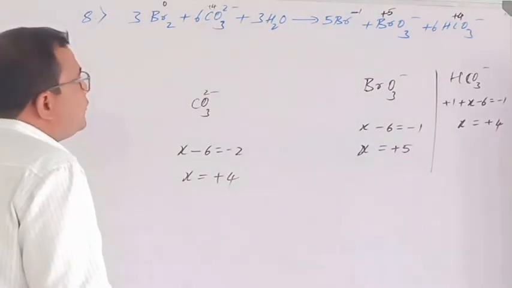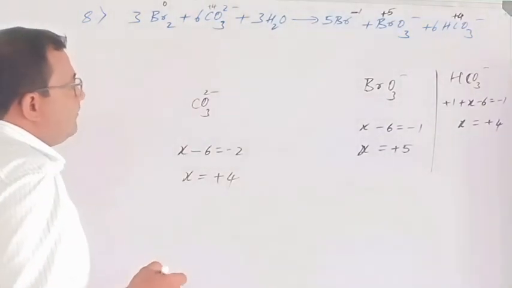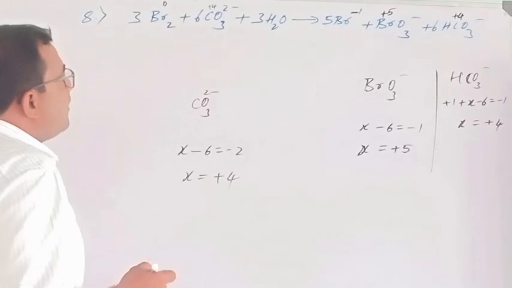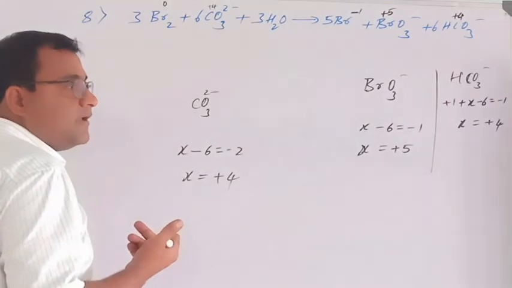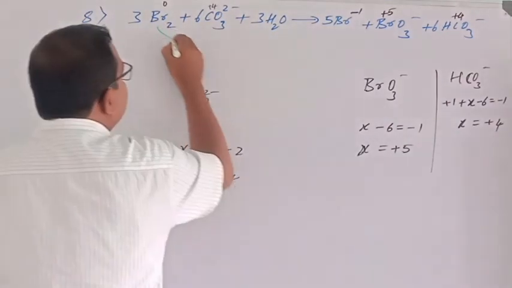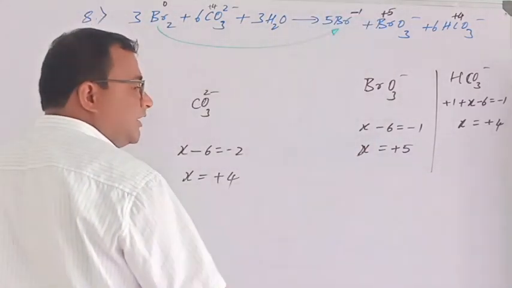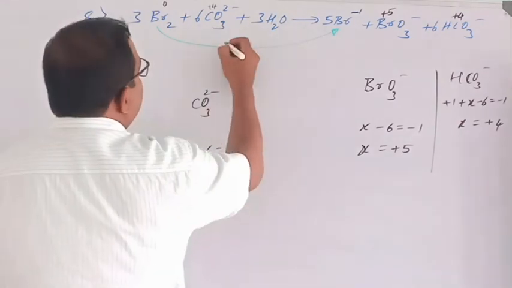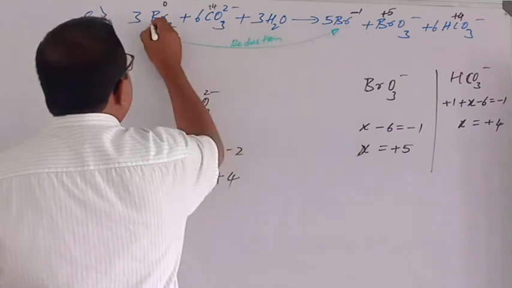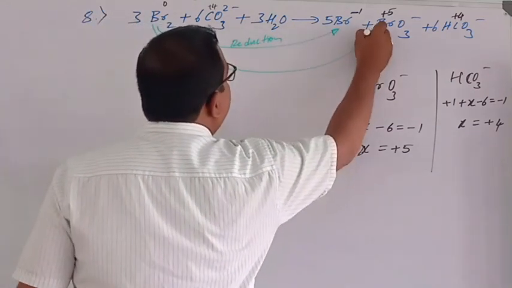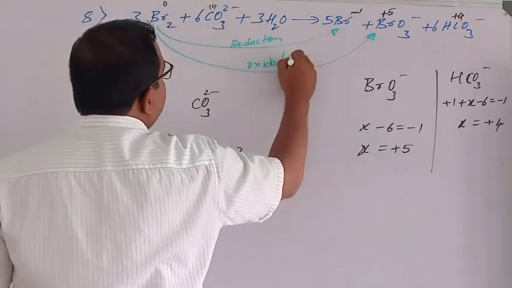Let's see now. If you observe the types of reaction, I told you about the disproportionation reaction. What does a disproportionation reaction say? The same element gets oxidized and the same element gets reduced. From here to here, the charge is 0 to minus 1, the charge decreases, so it is reduction. 0 to plus 5, the charge increases, so this is oxidation.